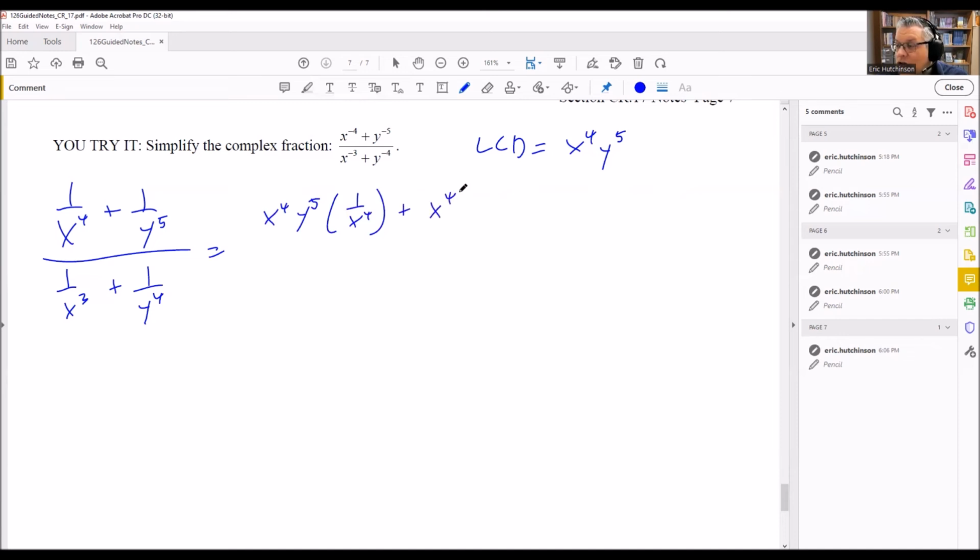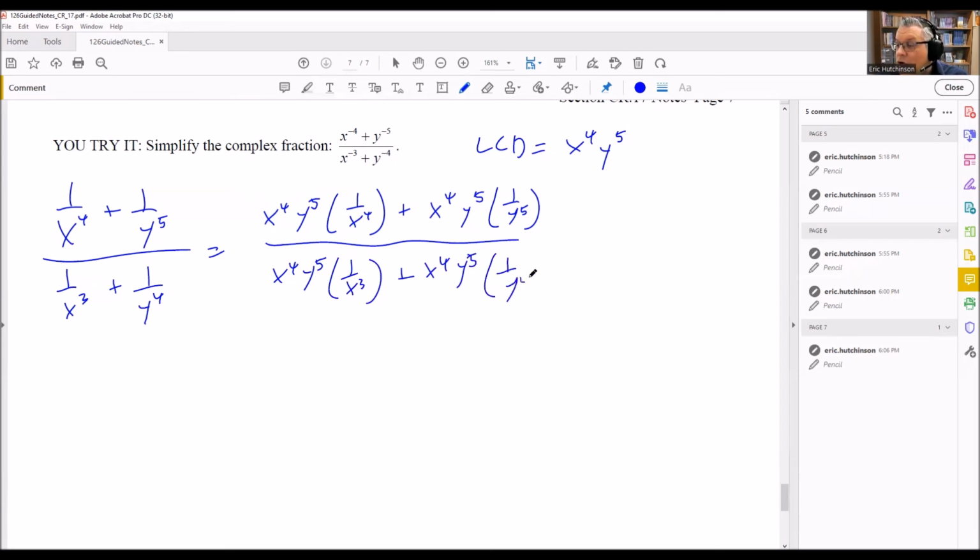Then we'll put this next to it. Every single thing we'll put x to the fourth, y to the fifth next to, times 1 over x cubed. And then we have x to the fourth, y to the fifth, 1 over y to the fourth.